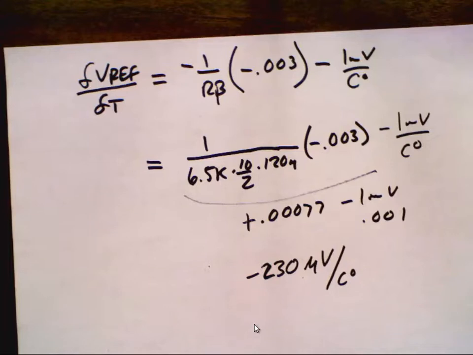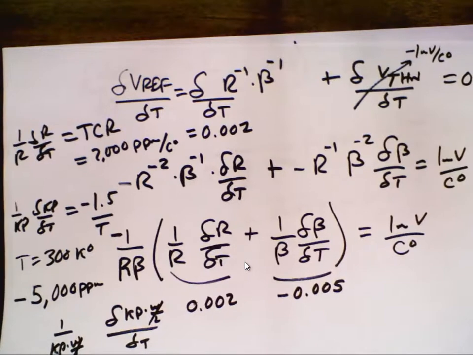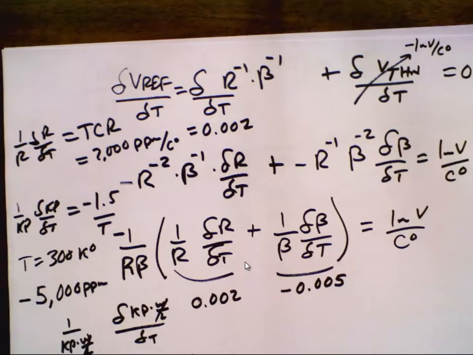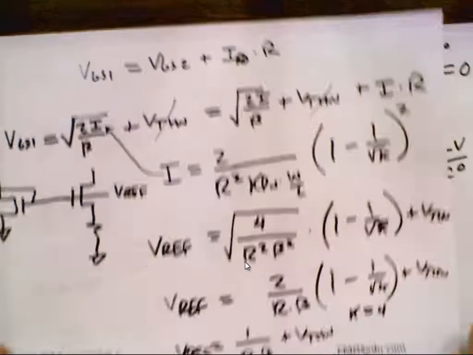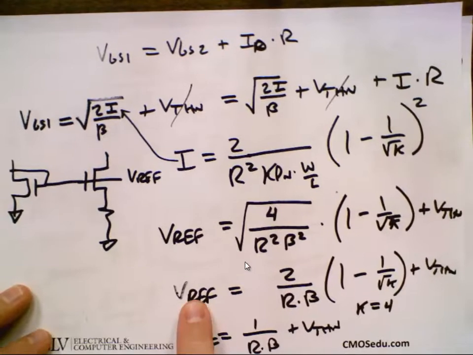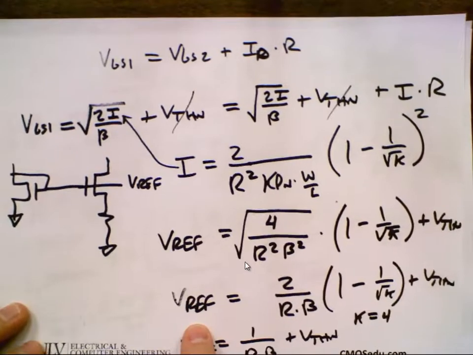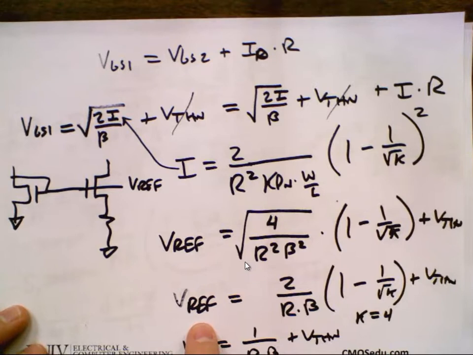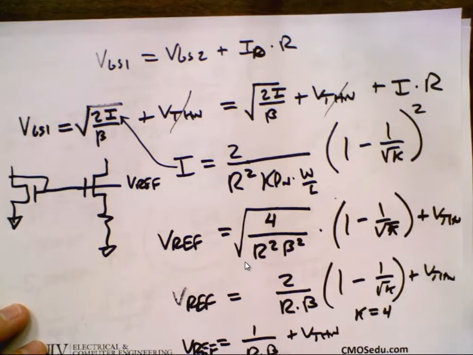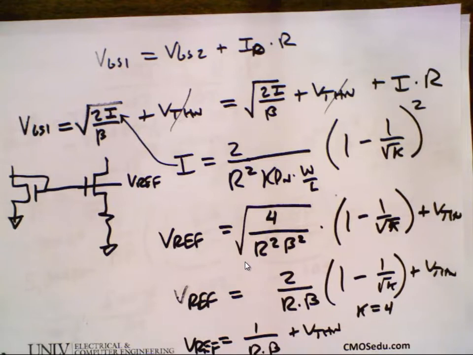And 6.5. Let's look. So VREF is, this cancels 1 over R beta. So let me just pause and troubleshoot that.